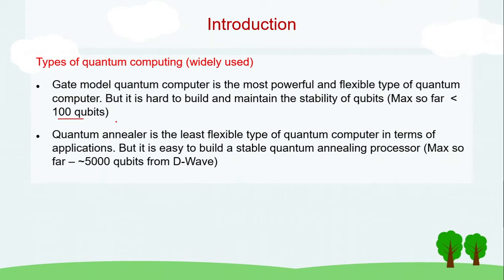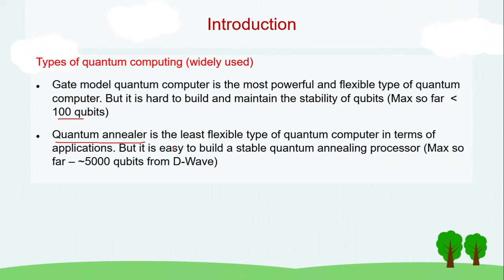Parallelly, D-Wave is another company working on quantum computing. They came out with a different technology called quantum annealer. It doesn't give that kind of flexibility in terms of application, but certainly it has a good way of solving some of the NP hard problems.